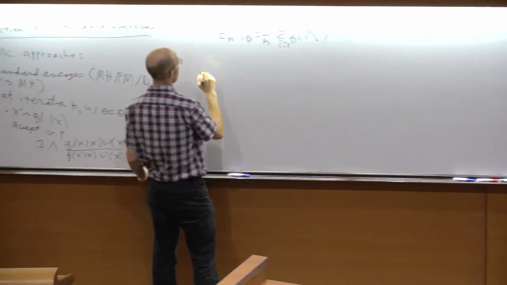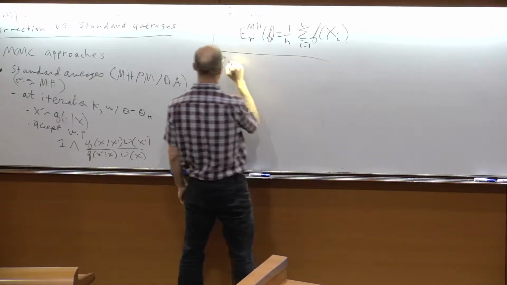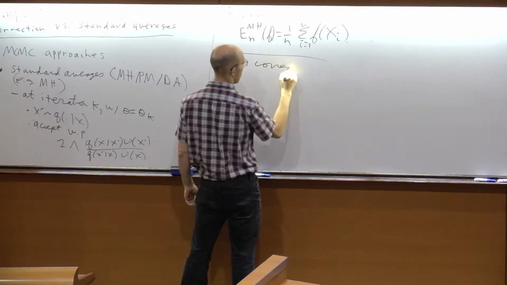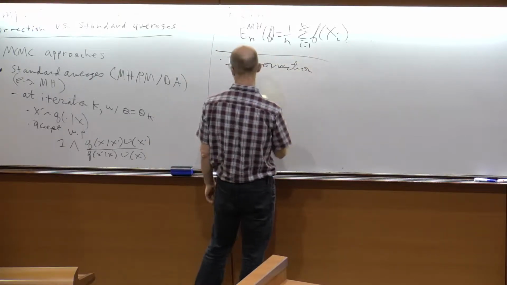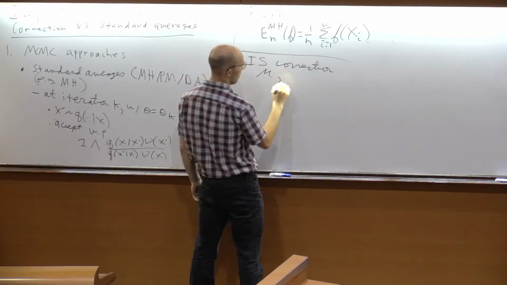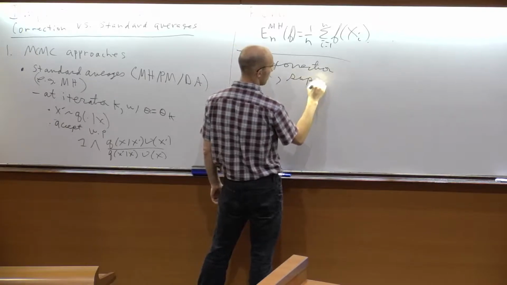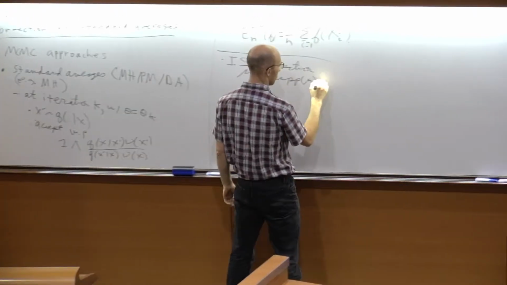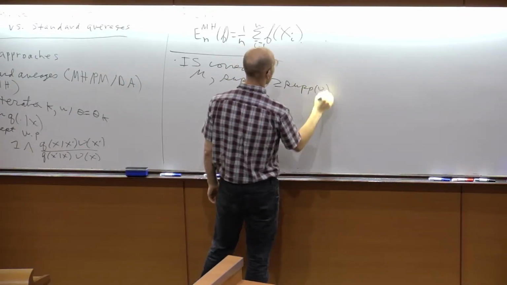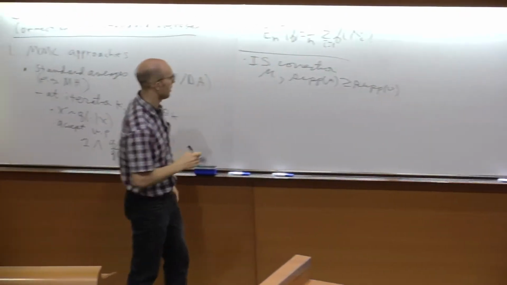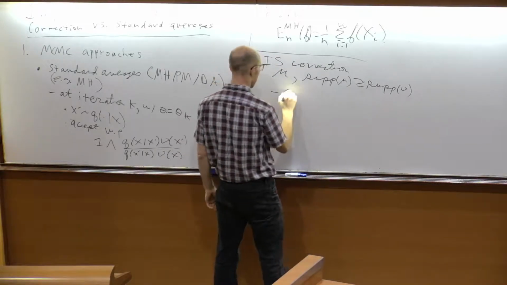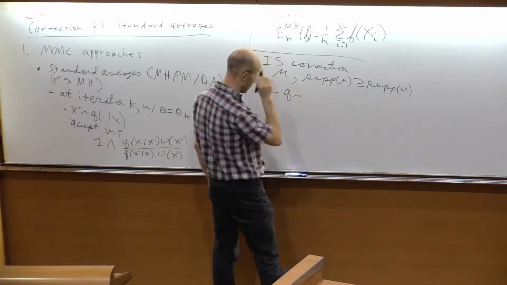In the IS approach, so IS correction, we have a measure mu, with support of mu containing the support of nu, and now we can run, for example, the Metropolis-Hastings.